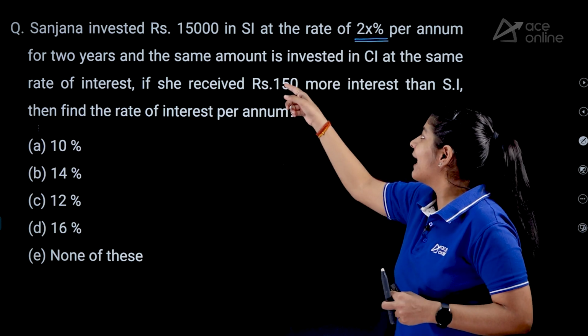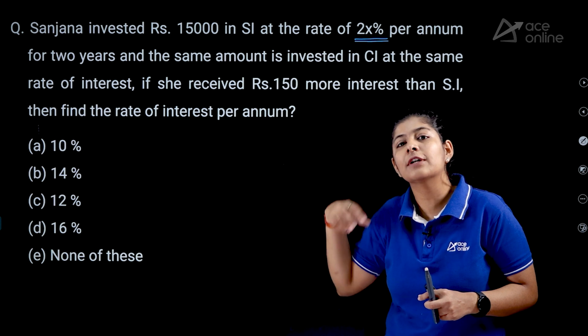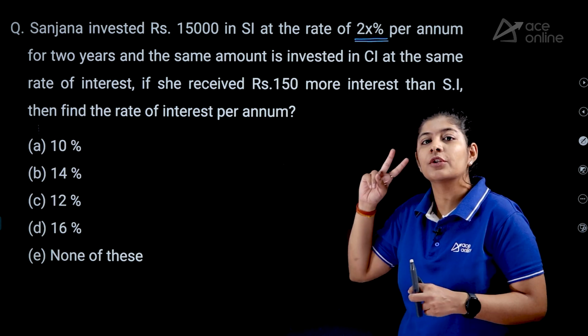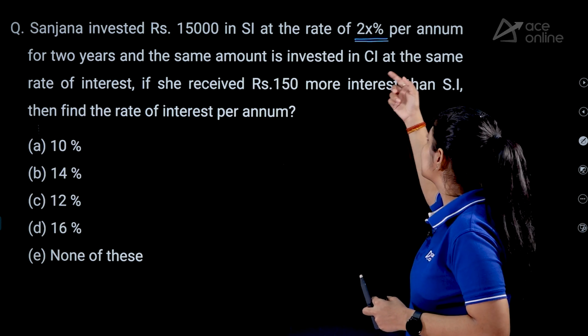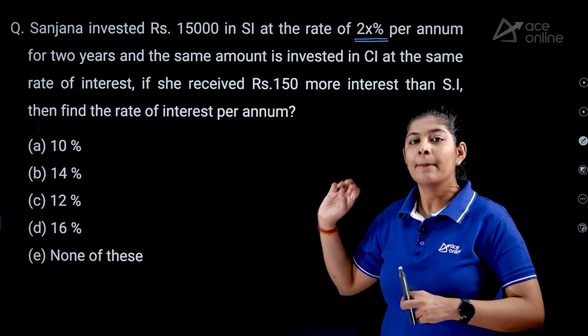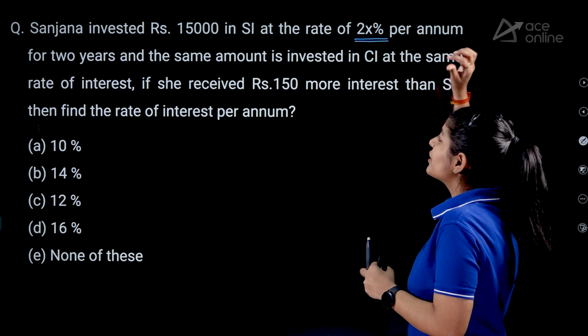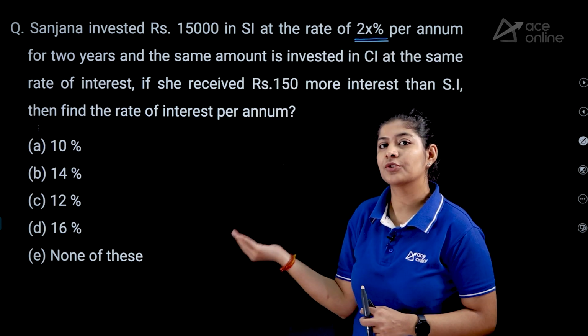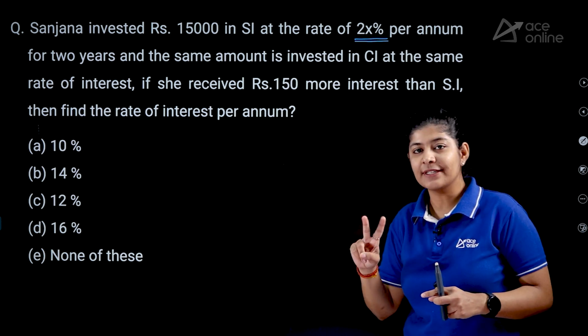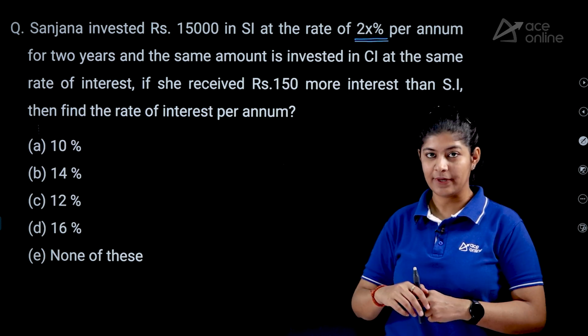And if we are having a difference, then we have to consider the CI also for the 2 years. Most people think the time period for CI is not given over here, but it is clearly mentioned in the SI part that the time period is 2 years. So we have to take the 2 years time period for CI also, right?